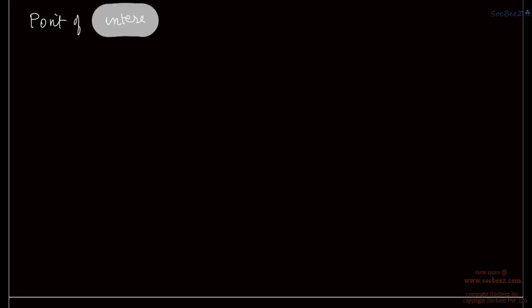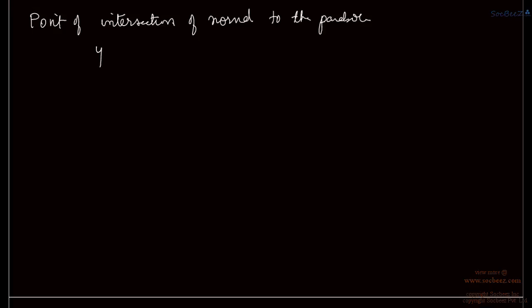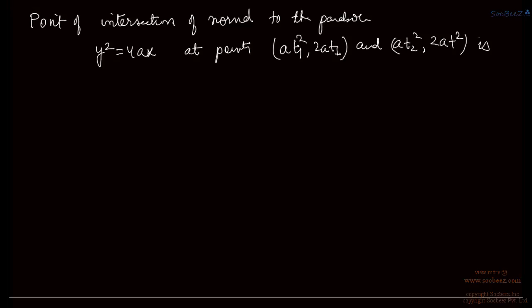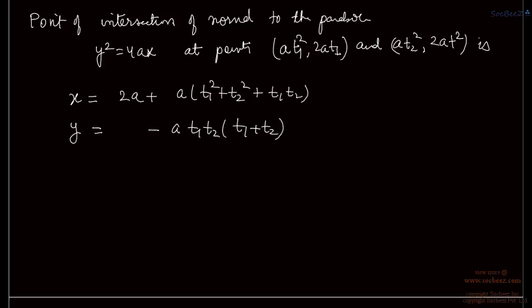Point of intersection of normals to the parabola y² is equal to 4ax at points at1², 2at1 and at2², 2at2 is given by: x coordinate of point of intersection is 2a plus a times t1² plus t2² plus t1t2, and y coordinate of point of intersection is given as minus at1t2 times t1 plus t2.